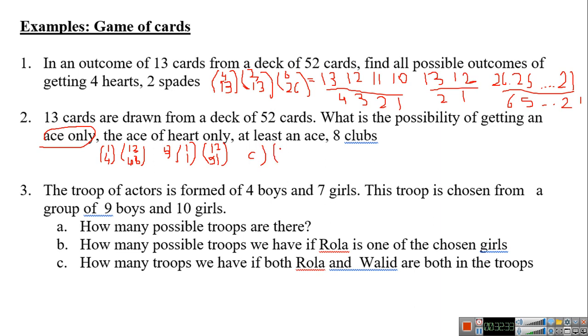And part C, at least an ace. So you may have one ace, and the 12 cards not aces. So 48.